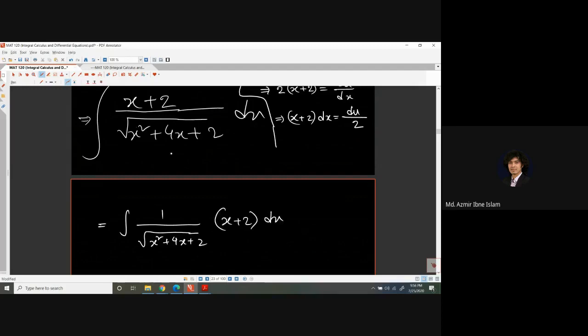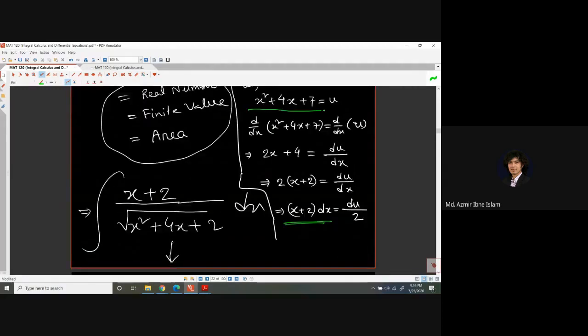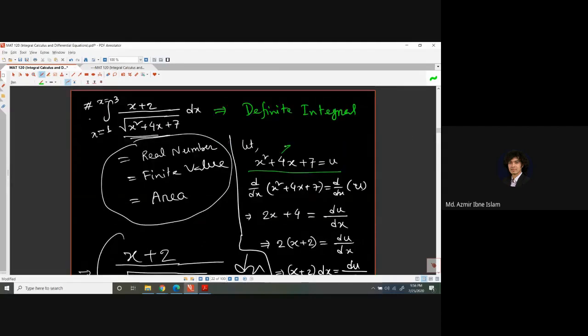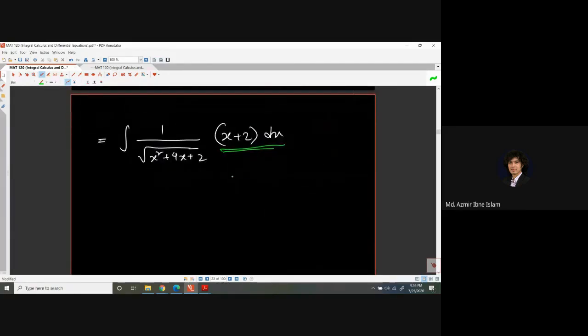We are just rearranging the previous function in this way. Now we can see that here we have x plus 2 dx. So whatever function we have considered here is a suitable function. That means the calculation is becoming easy. You will understand here.